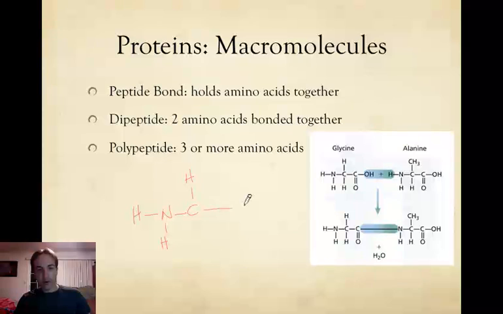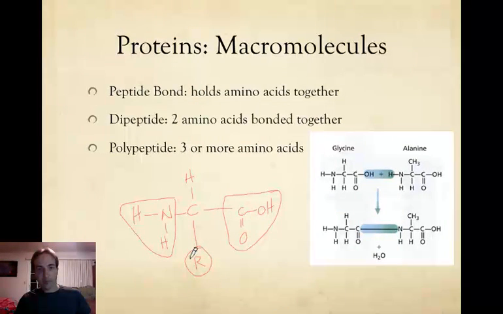To the right, we're going to put our carboxyl group, which is a carbon double bonded to an oxygen and single bonded to an OH. And then coming right out the bottom, you're going to put an R and circle it, because this R group is what makes an amino acid different. But this is a generic amino acid, and this is what I want you to draw in your box. So pause it and do so.